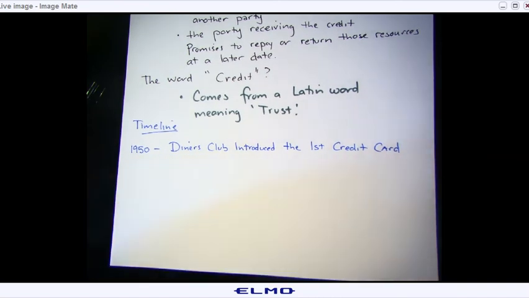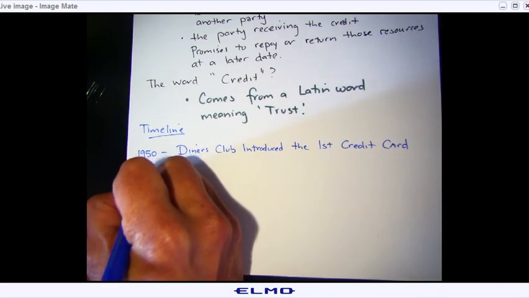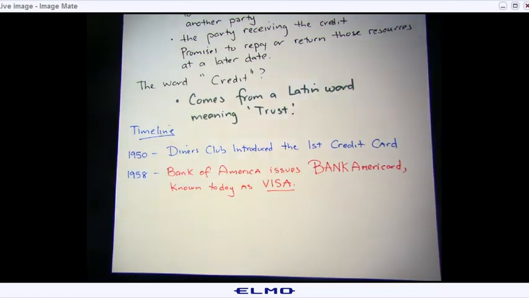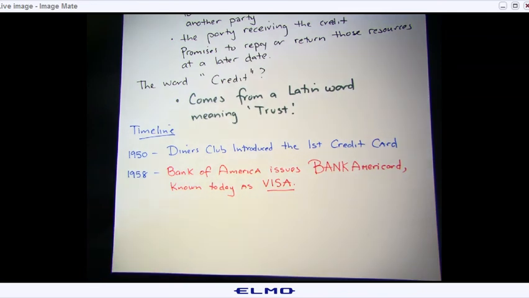Eight years later, in 1958, you could ask your grandparents, the Bank of America issues Bank Americard, known as the Visa. I might ask you a question: which bank introduced the Bank Americard?